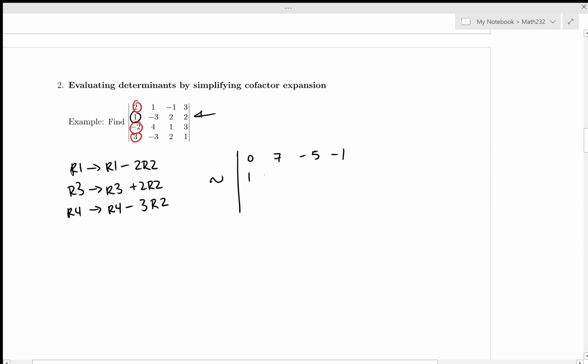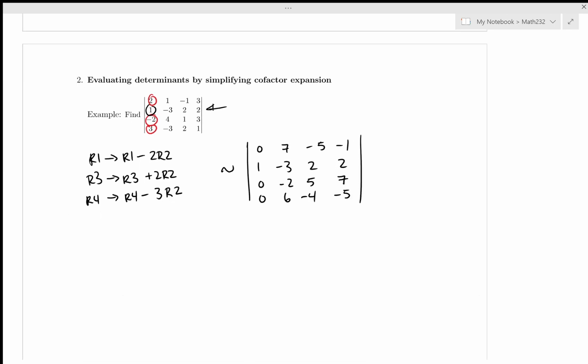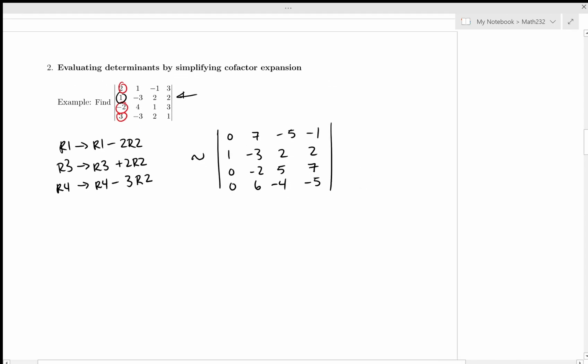Admittedly, it's hard to make all these calculations without making a small error. I had to do this one twice, and then I checked it with the computer. All right, now I have a column where all of the entries except for one of them are 0.